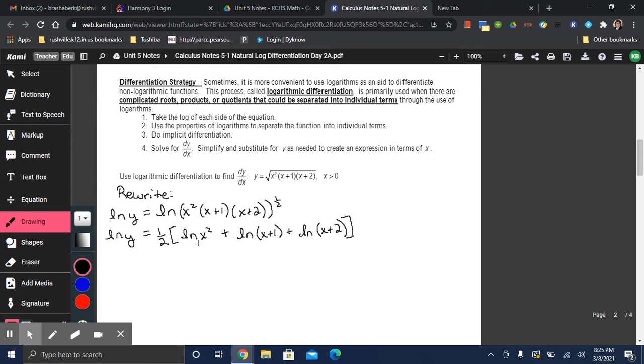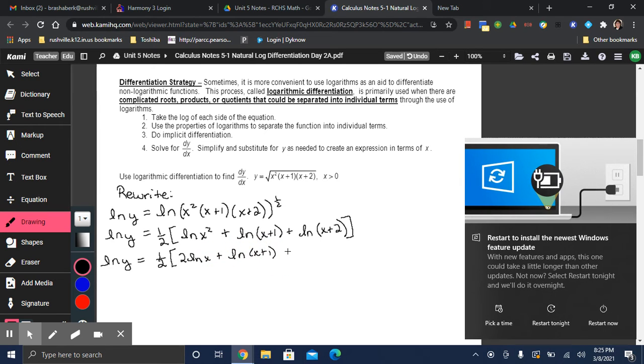All right, and I can do one other rewrite. I can bring the 2 in front of the first natural log. So 1/2, and then 2 natural log of x plus natural log x plus 1 plus natural log x plus 2.